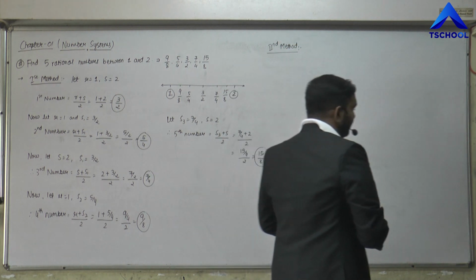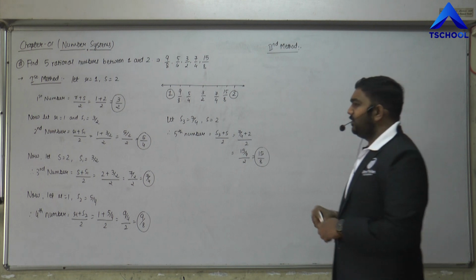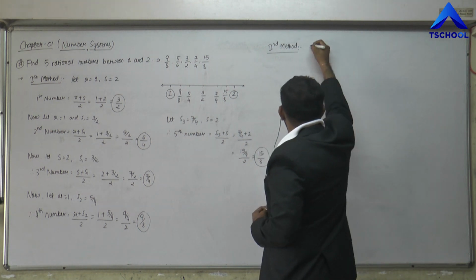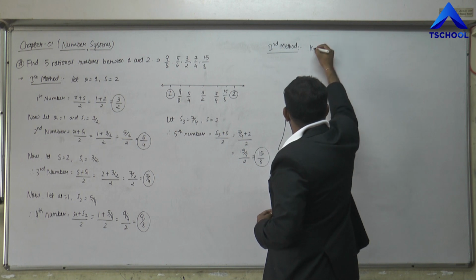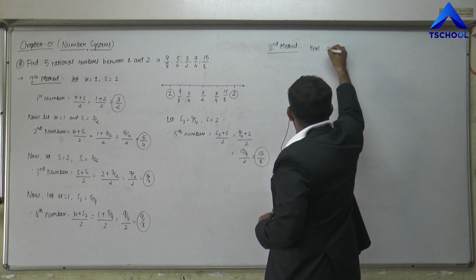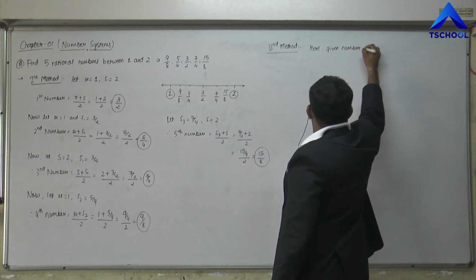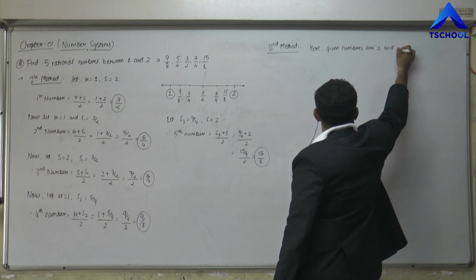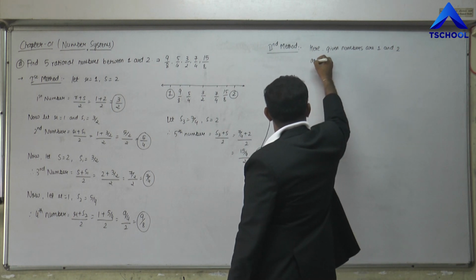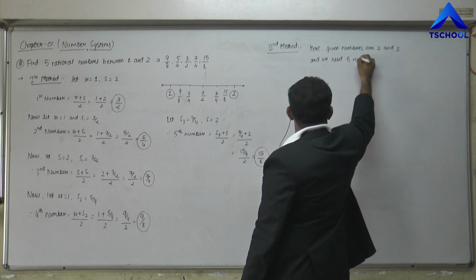The second method that gives us 5 rational numbers between 1 and 2 is, first of all, the given numbers are 1 and 2, and we need 5 rational numbers.